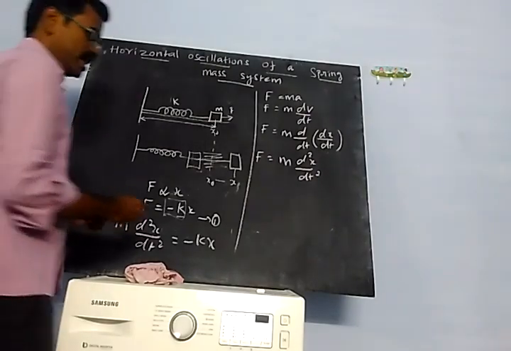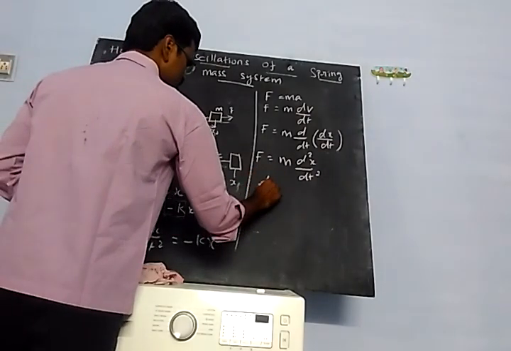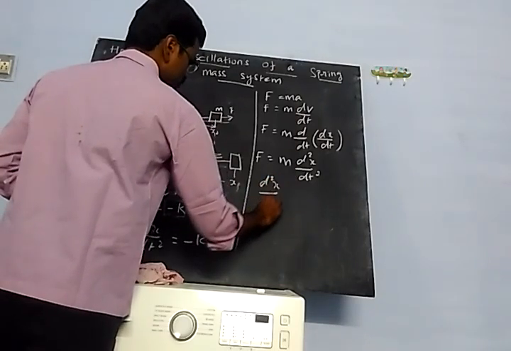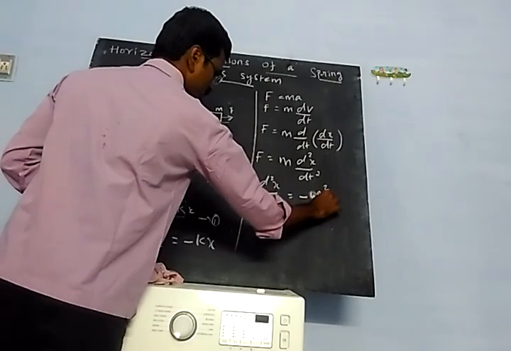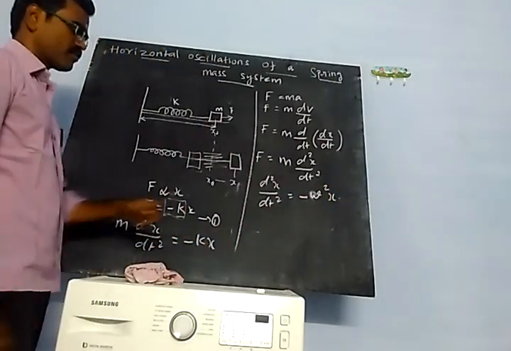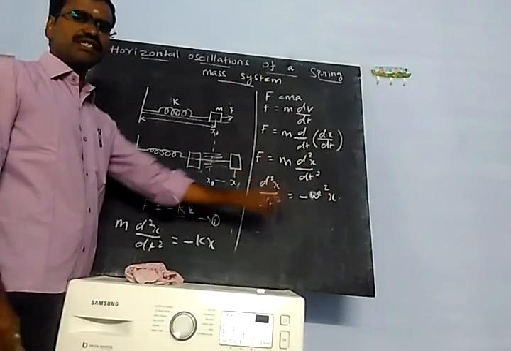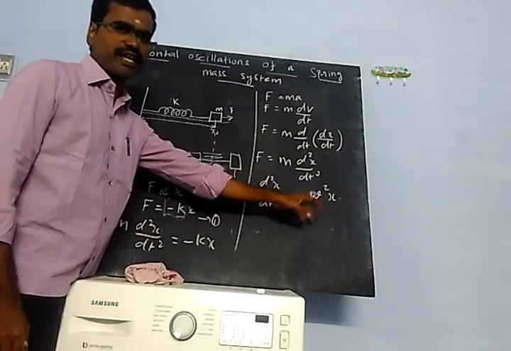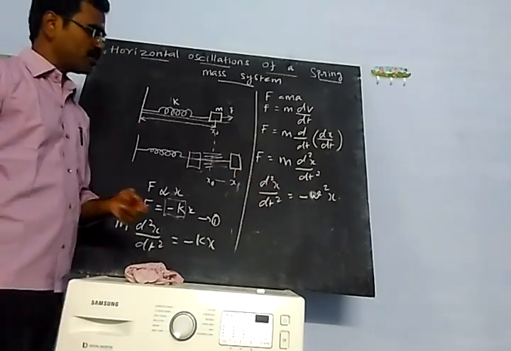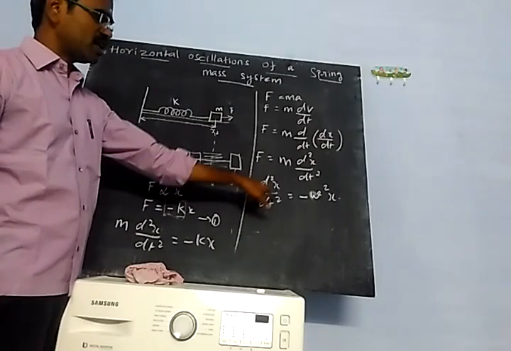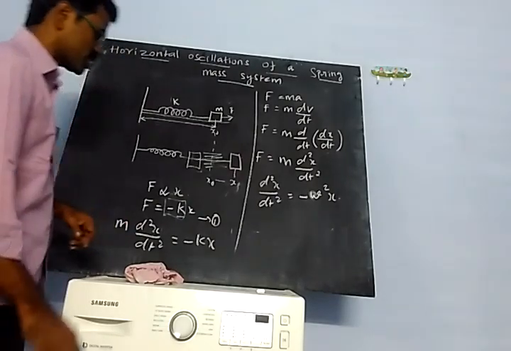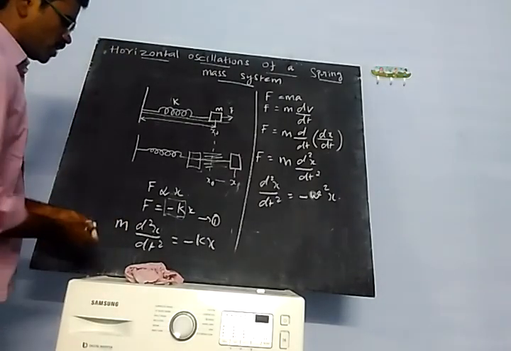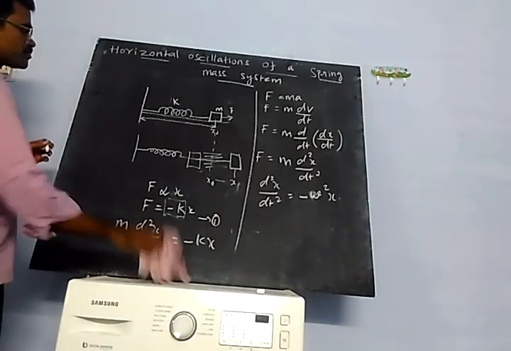Here d squared x by dt squared is equal to minus omega squared x, that is, acceleration is equal to minus omega squared x. You already know that.